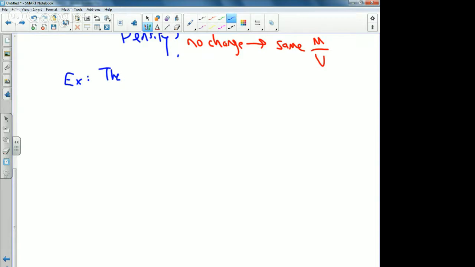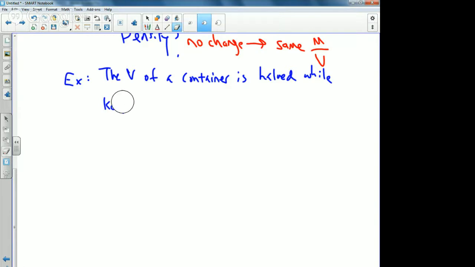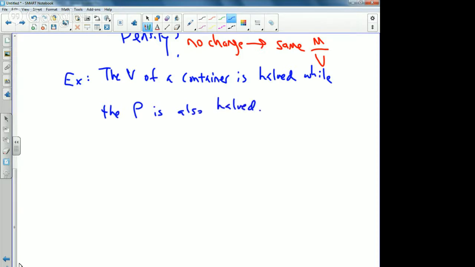The volume of a container is halved while the pressure is also halved.